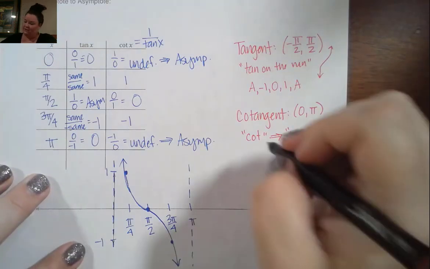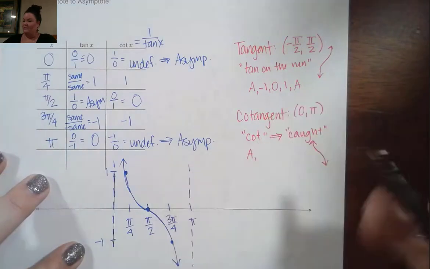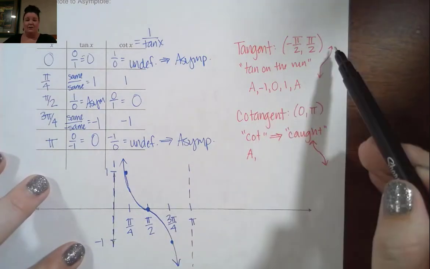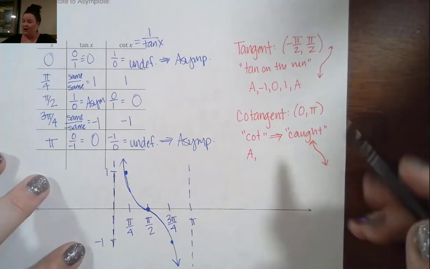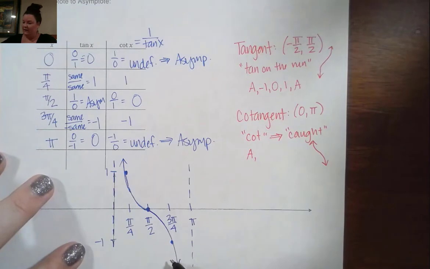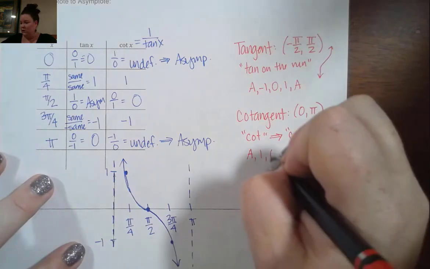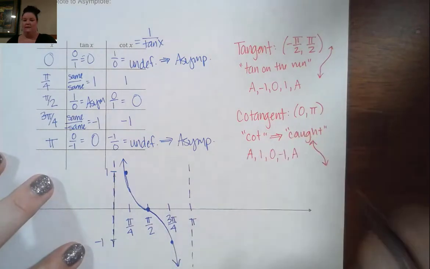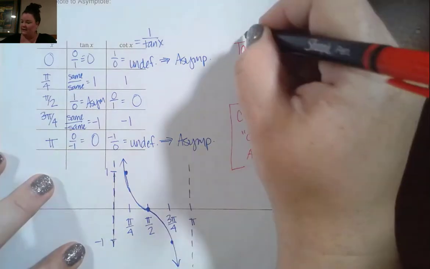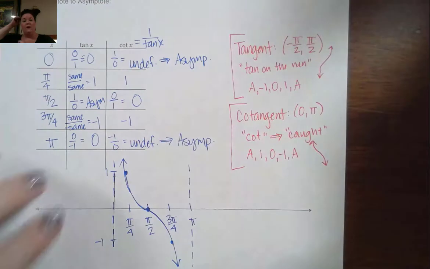We still start with an asymptote, but instead of starting negative and going up, because the sky's the limit when you're on the run, now that you've been caught, you're starting up high and you're going low. Your life is low, right? All right. So this is how I kind of shortcut remember the properties about these two graphs, okay? Notice they're so very similar.